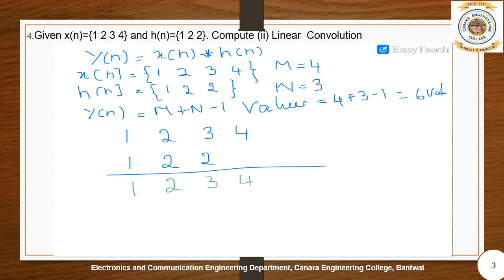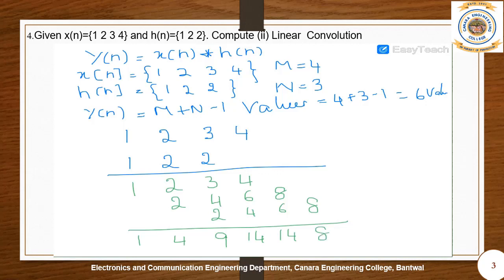Then we have 2, 2 into 1, 2, 2 2s are 4, 2 3s are 6, 2 4s are 8. Next we have 2, 4, 6, 8. Let us try to add: 1, 4, 9, 14, 14 and 8. This is your y of n.